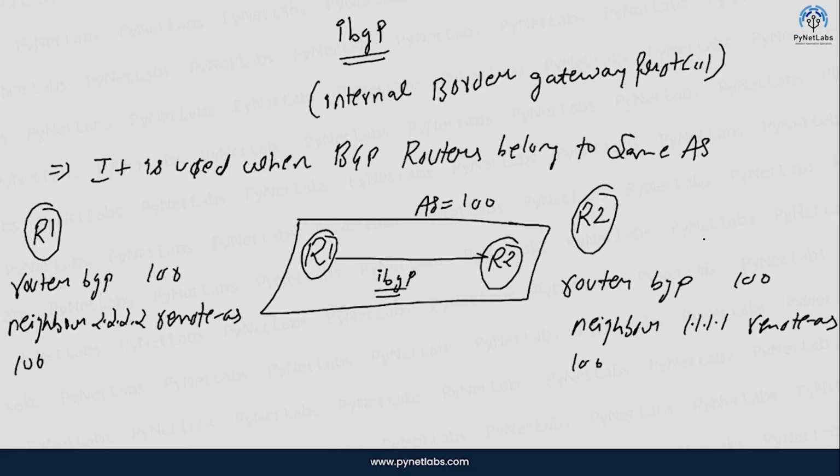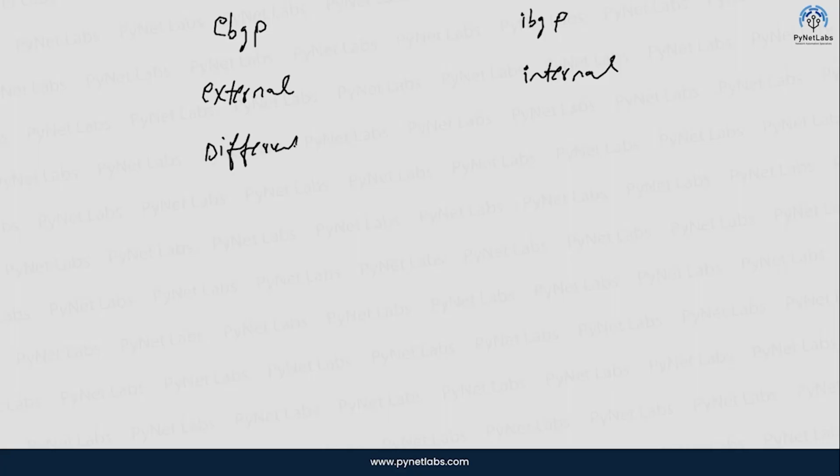Now, let's come to the conclusion about the difference between eBGP and iBGP. First of all, understand the full form: here it is called external and here it is called internal. The AS values here are different, so here it is different AS, here it is same AS.